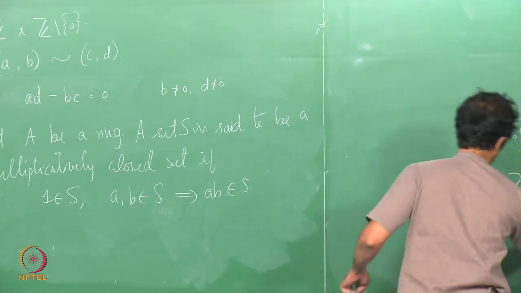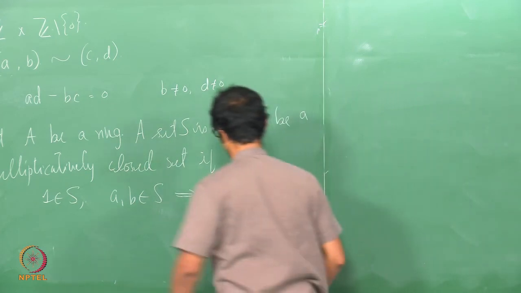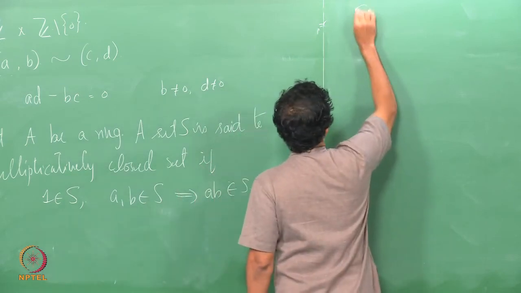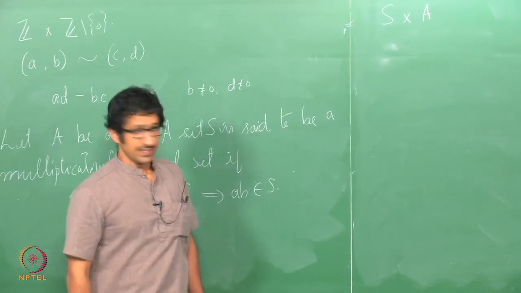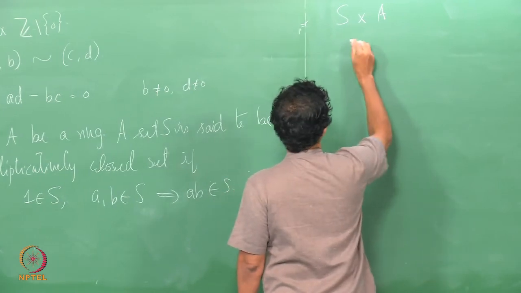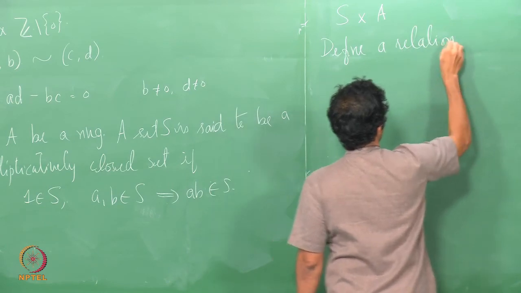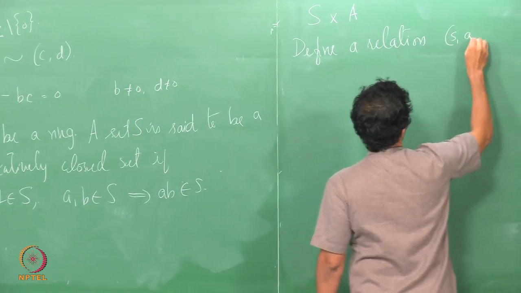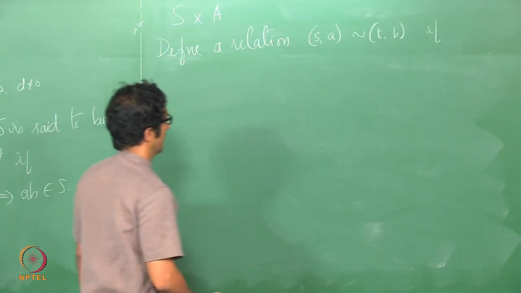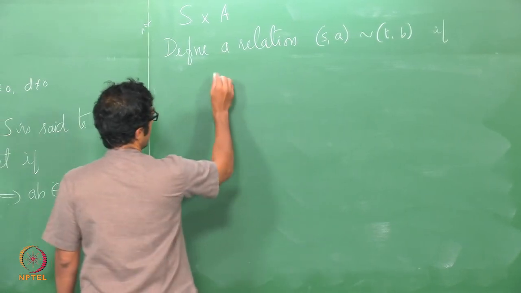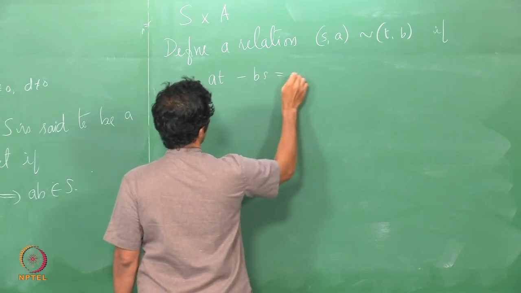So what we will do is, taking a multiplicatively closed set S, look at this S cross A, and define a relation on S cross A. S comma A is same as T comma B if AT minus BS is 0.